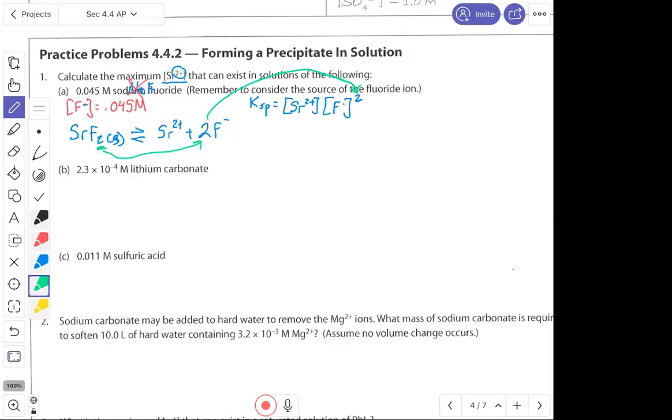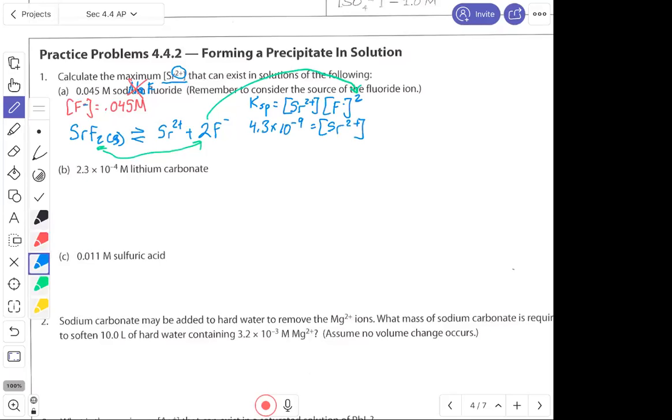In an actual problem, they have to give you the Ksp. In this practice problem, they're assuming that you're going back and looking it up in the chart, so I'm going to give you the Ksps. From the text itself, 4.3 times 10 to the negative 9th is that Ksp.